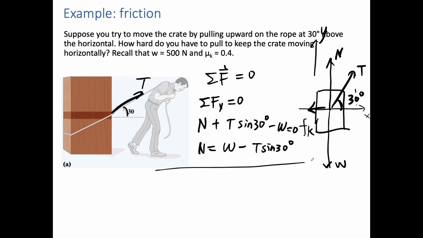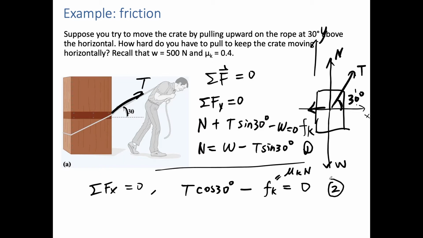And in the x direction, the net force should be 0, too. And in the x direction, we have x component of t, and we have fk, which is in the negative x direction. And fk equals, okay, so we got an equation. We got one equation, we got two equations.